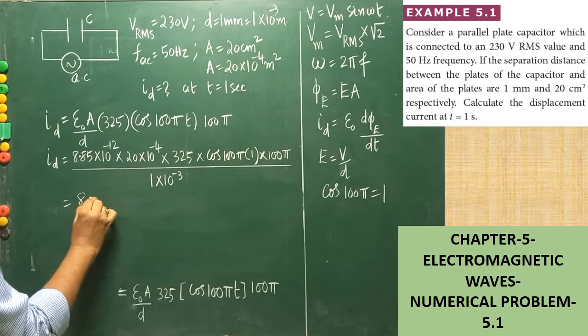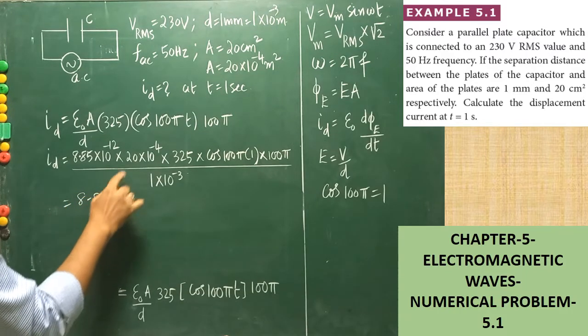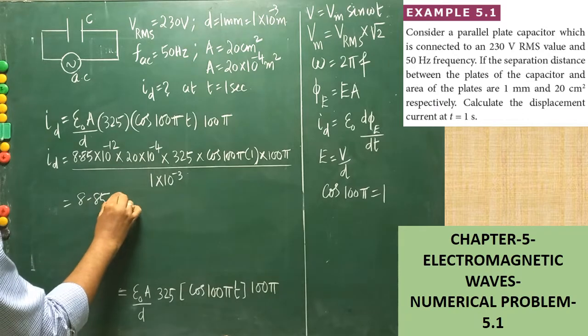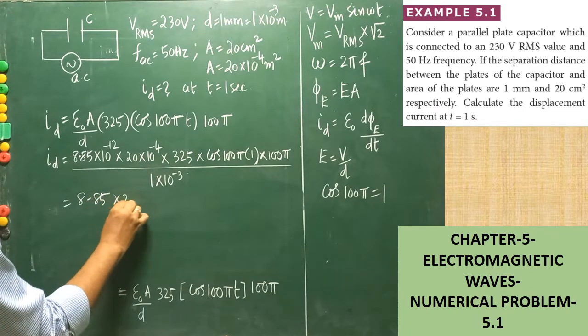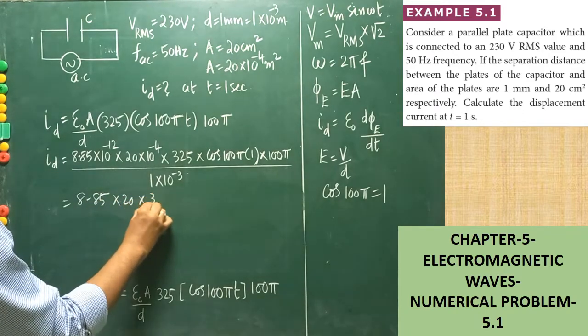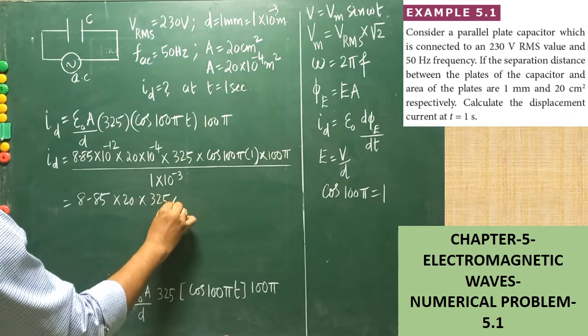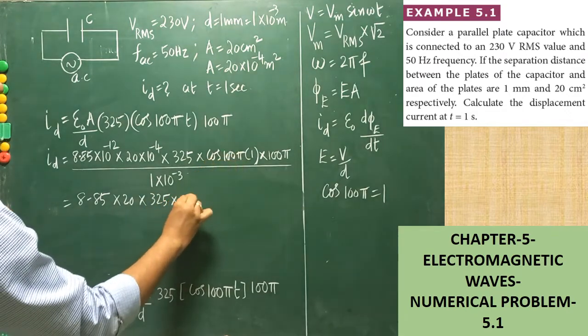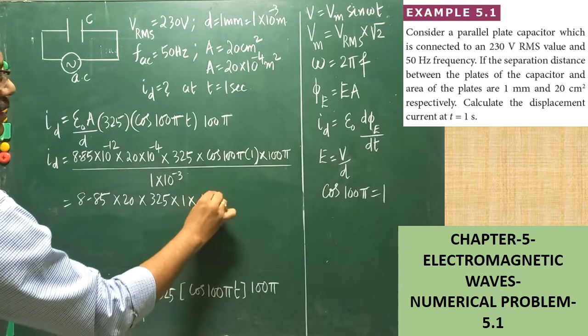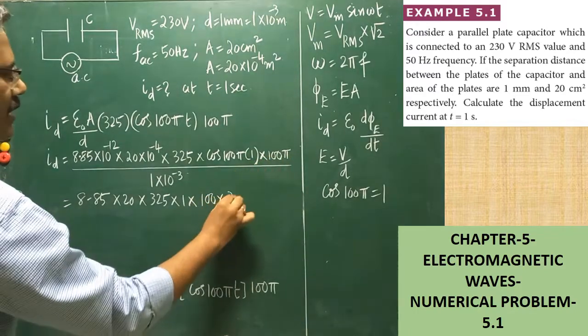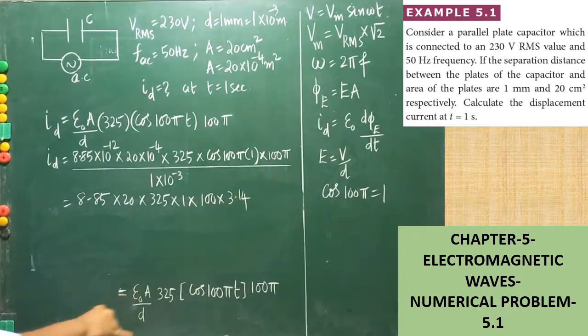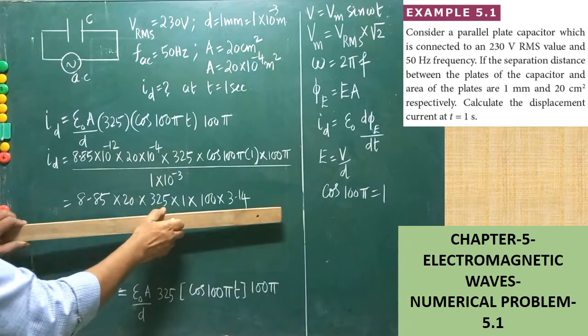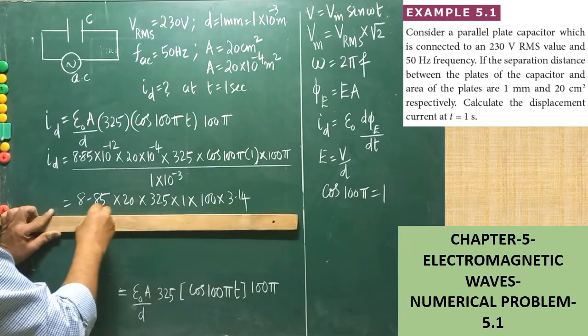Again, you write 8.85. You bring all the numbers together: 8.85 into 20 into 325 into cos 100 pi value 1, and then 100 into pi can be written as 3.14. Okay, and then later we'll write all the power factors.